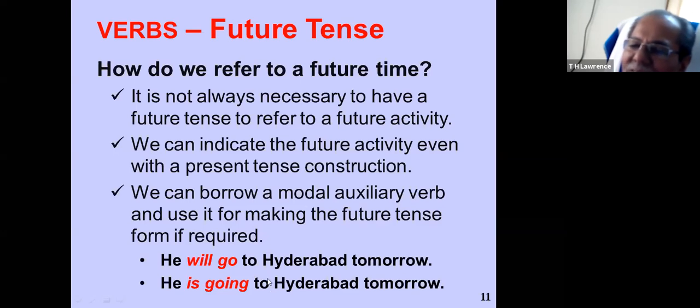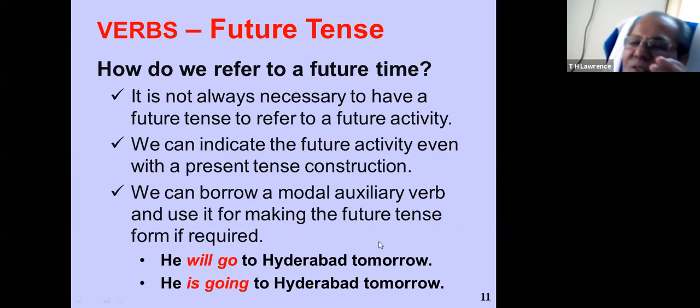The second example supports the view that it is not always necessary to have a future tense to refer to a future activity. It also supports the second one, we can indicate the future activity even with the present tense construction. And the third one is supported by this: we can borrow a modal auxiliary verb and use it for making the future tense form if required. That is, we will go to Hyderabad tomorrow.